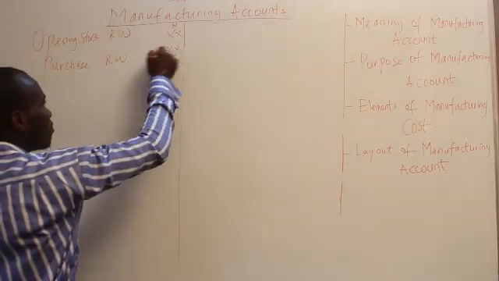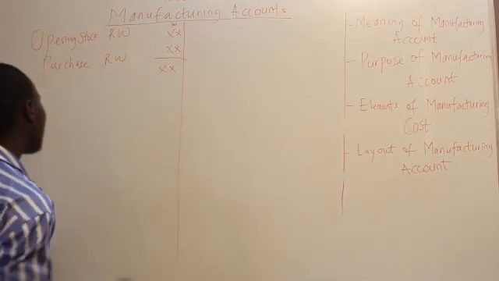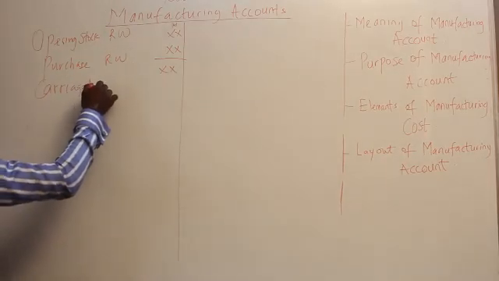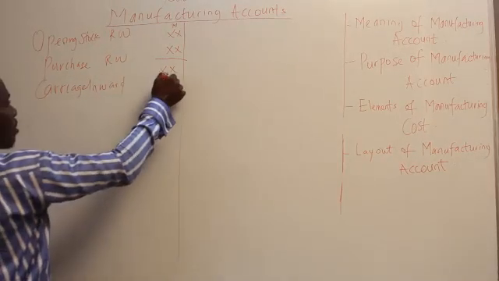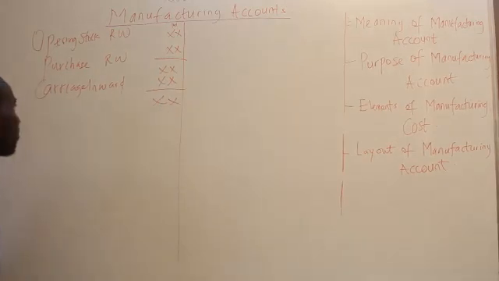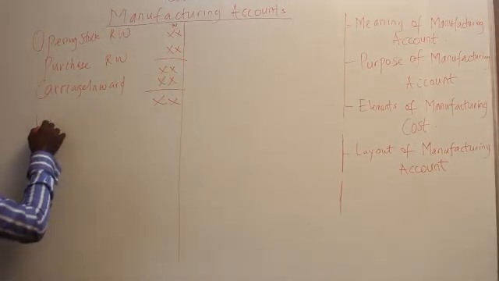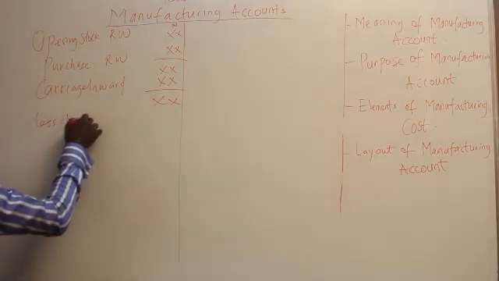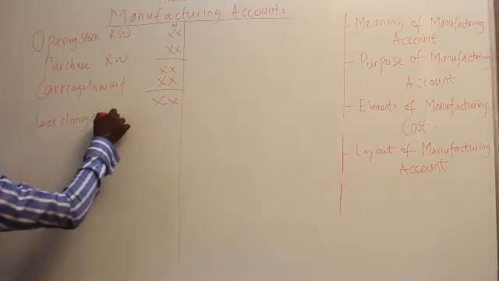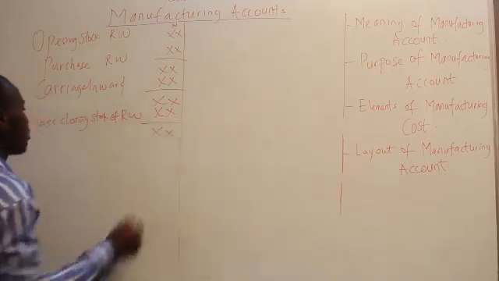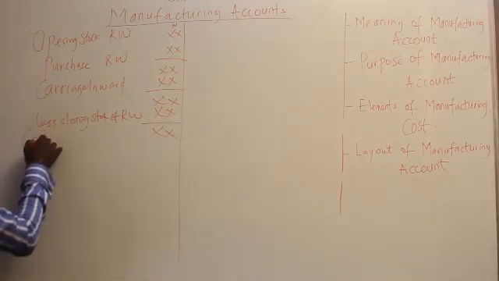We have the carriage inward of raw materials, just like in the trading account. So we can have this, and then we less the closing stock of raw materials. So this becomes the cost of raw material consumed.